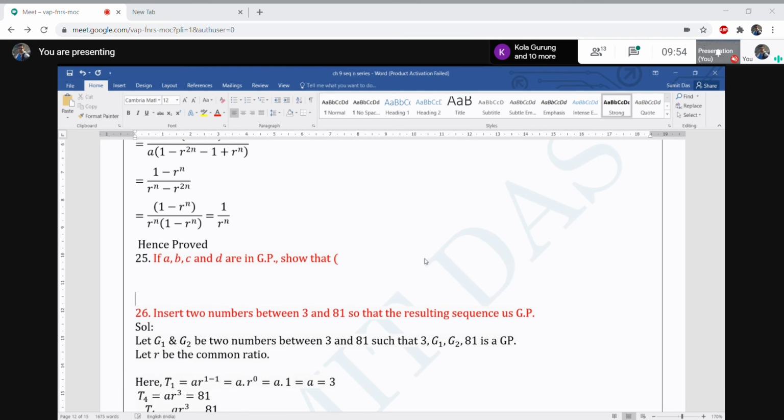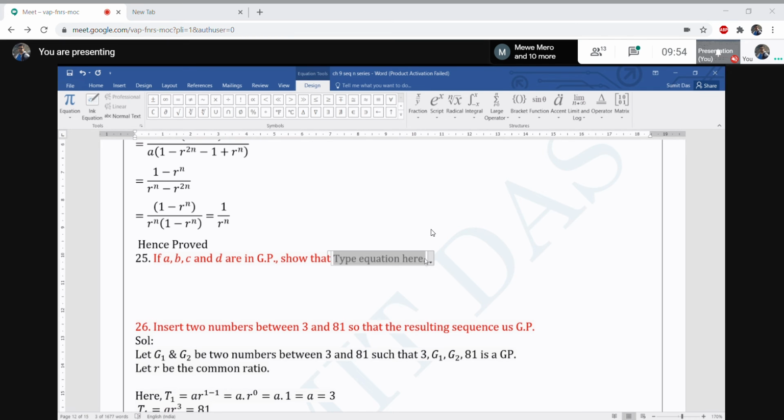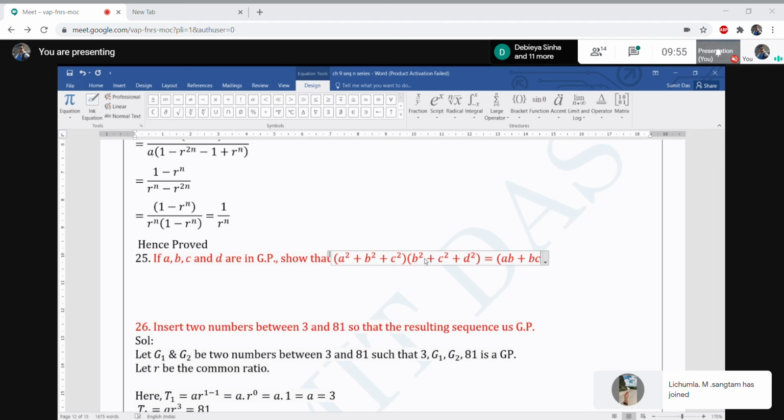Question number 25 is saying a, b, c, d are in GP. We have to show that (a square plus b square plus c square) into (b square plus c square plus d square) is equal to (ab plus bc plus cd) whole square.